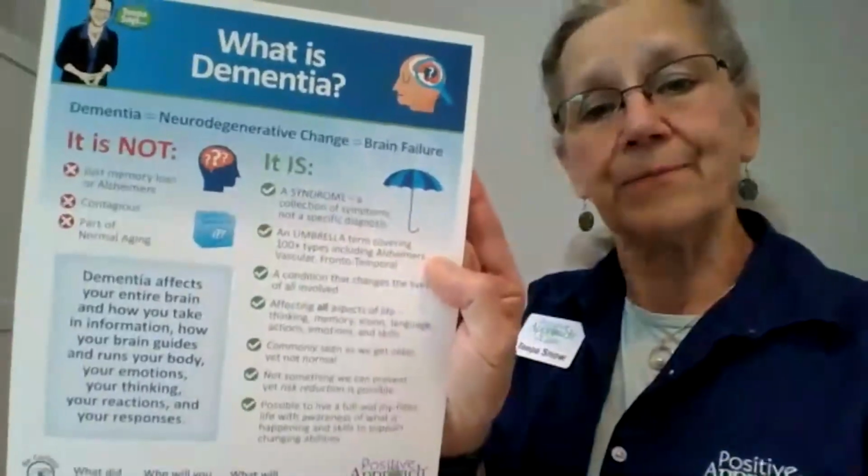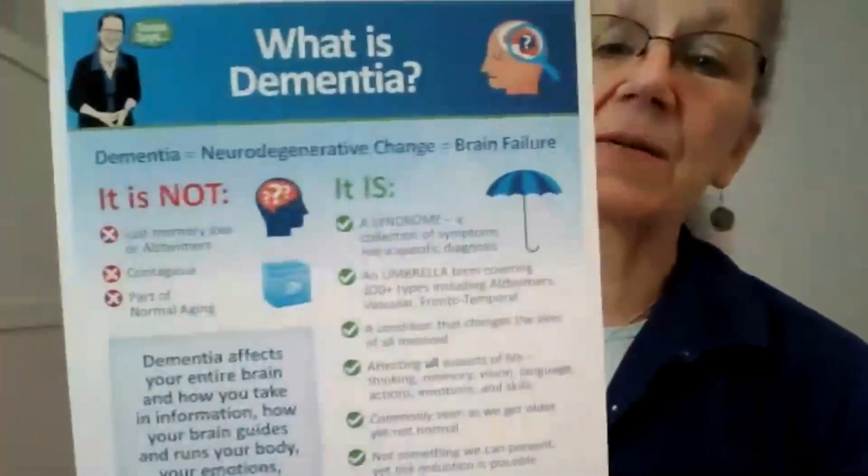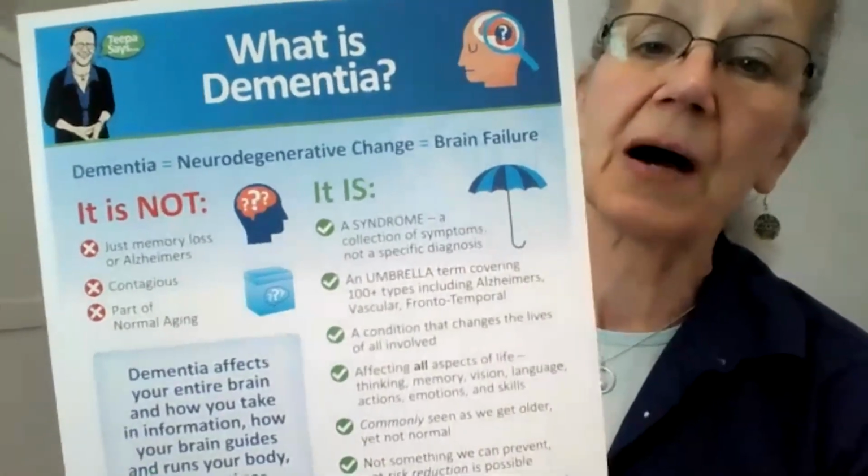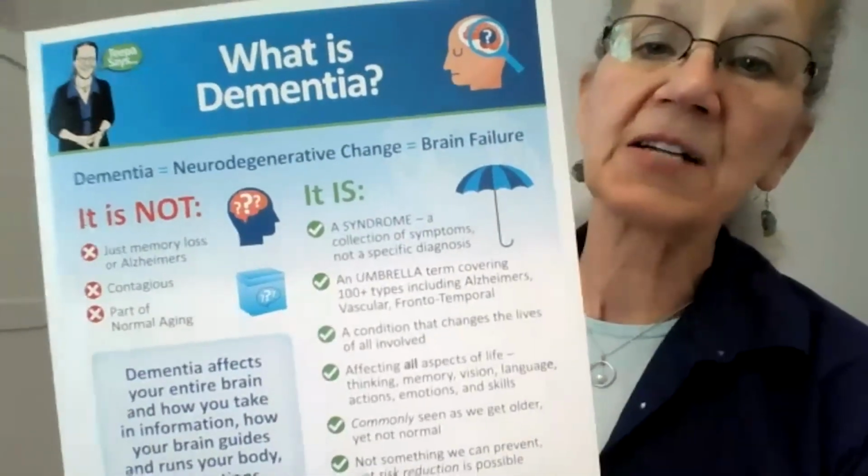So for instance, what is dementia is a single one. But then when we talk about the next category, that idea that dementia is an umbrella term, which is one of the first things we mention on the what is dementia, it is a syndrome, a collection of symptoms, not a specific diagnosis.